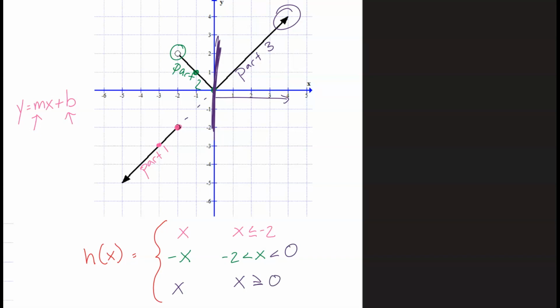This is because of the definition of a function. We're considering this entire graph as one function. If we had both restrictions containing 0, it would create two y values at the same x value, and we know that if we have that, it is no longer a function. So if this is, say, -2, notice I have two y values here. Let's say that's 2, and let's say this is -1.